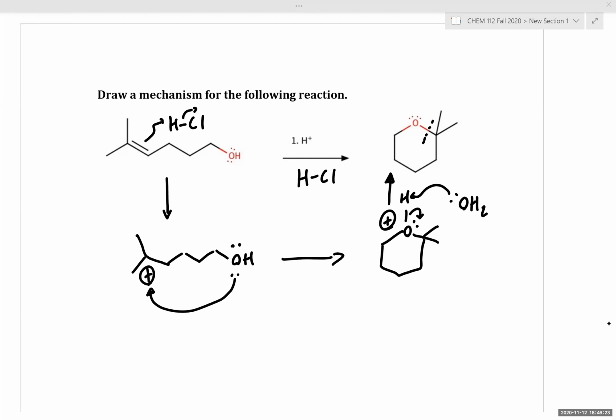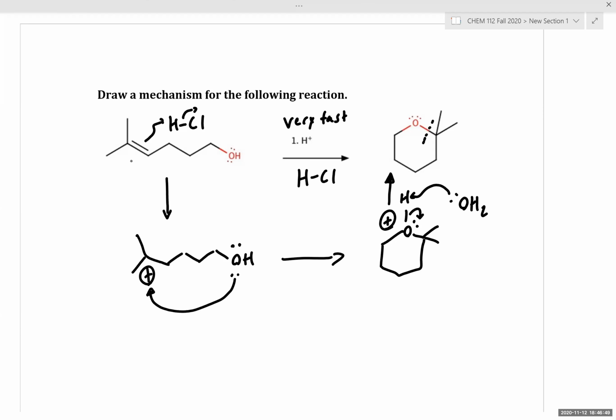The only difference here is that it's an intramolecular reaction rather than an intermolecular reaction. These reactions are very fast because you have your nucleophilic and electrophilic sites, your two sites of reactivity, placed very close together in space.